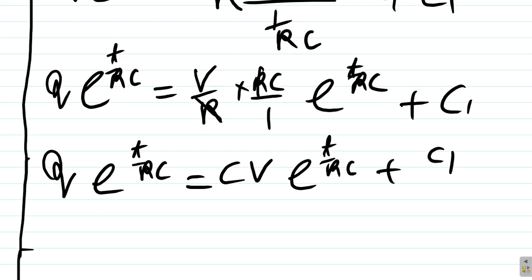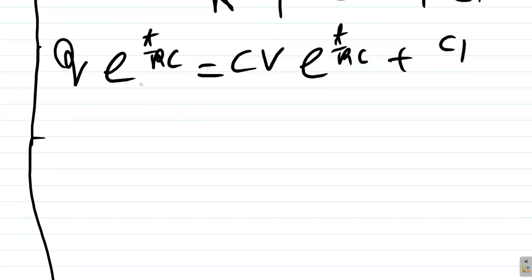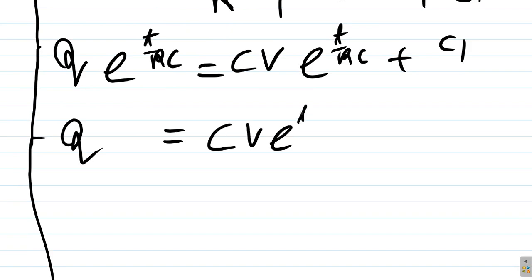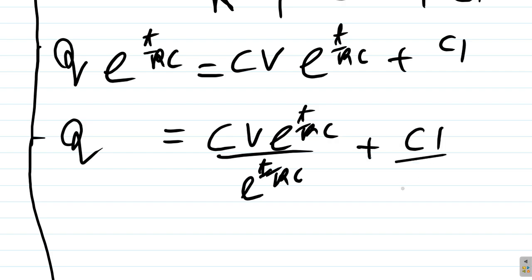We want q, so let's divide by e to the t over RC. So q equals CV e to the t over RC divided by e to the t over RC plus C1 divided by e to the t over RC.